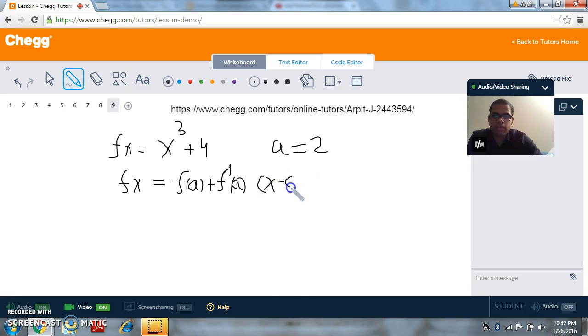So here is the formula for finding out the linear approximation. So let's start with finding out these values.